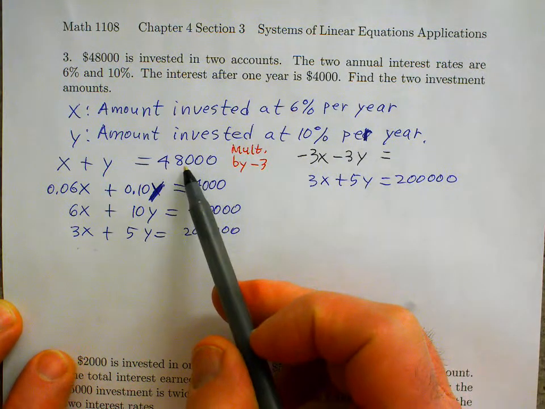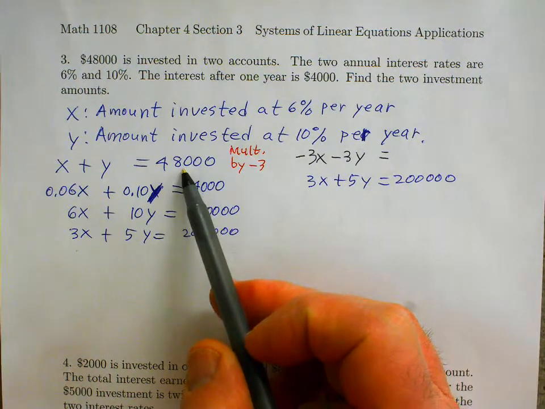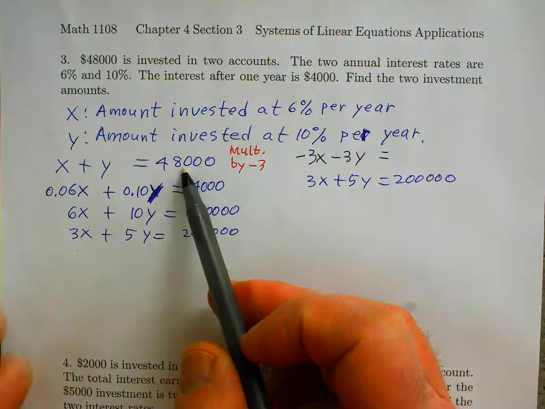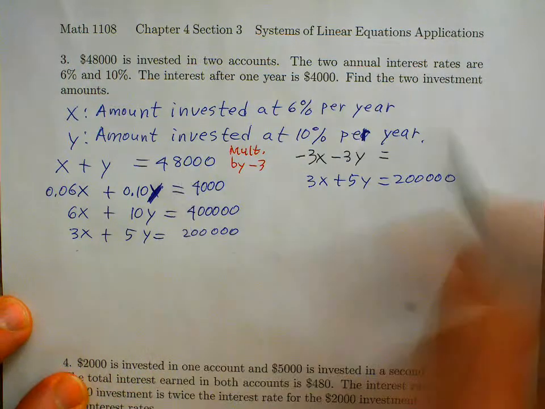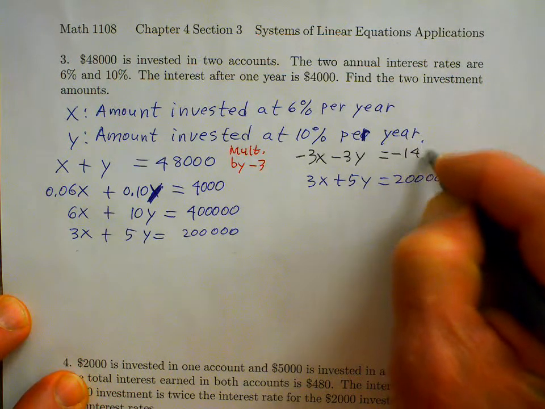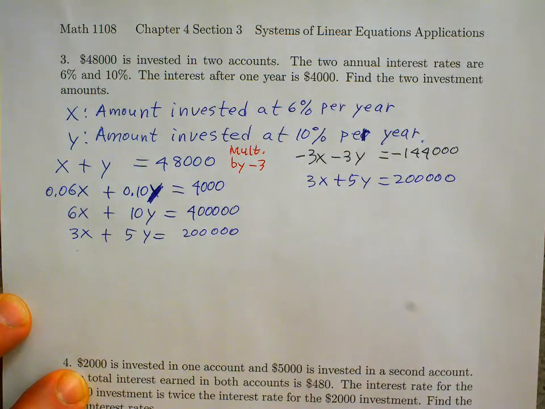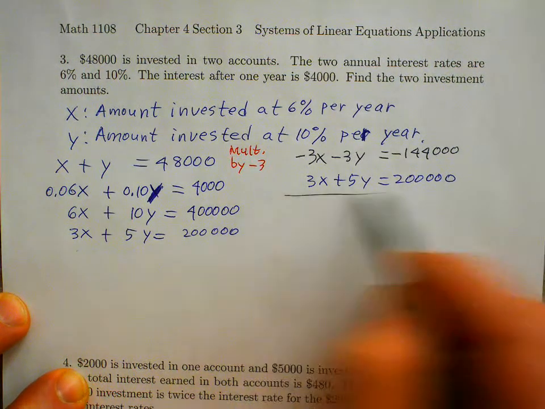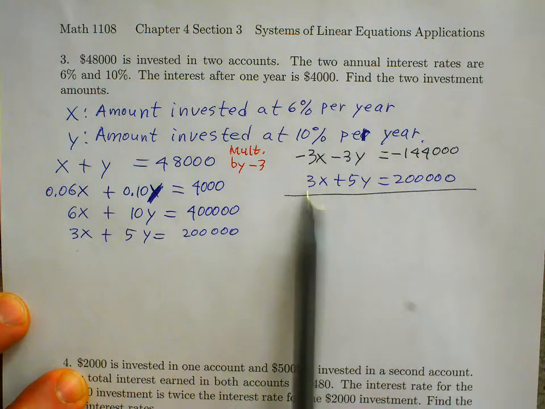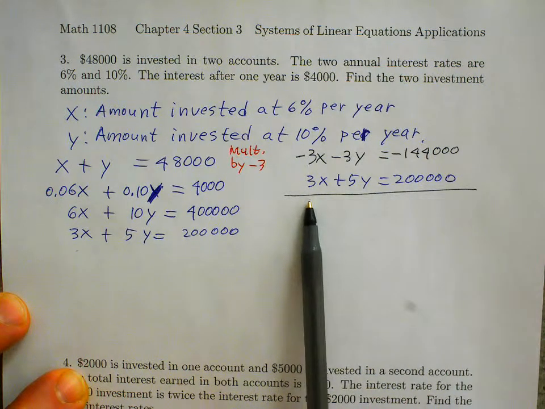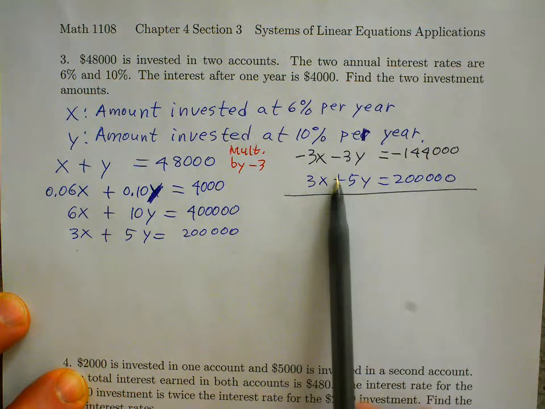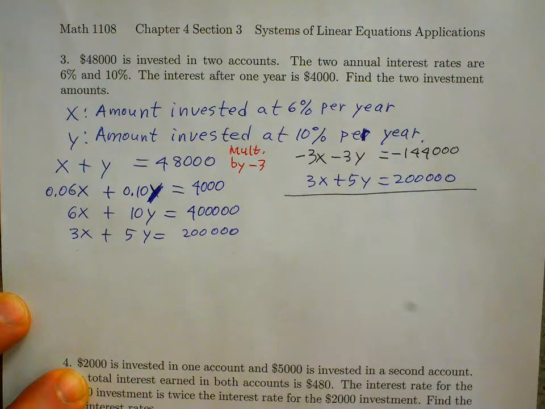And then, let's see, 48 times 3 is 144. So I get -144,000. Then when we add these two equations, the variable X will be eliminated. -3X plus 3X is 0. -3Y plus 5Y is 2Y.